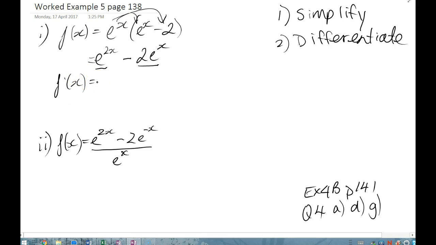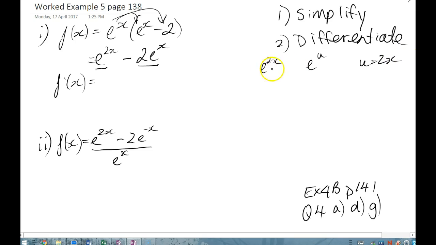So remembering what I've been doing previously, I have been differentiating this value up here by letting this equal u. Okay, so I might just pop that over here. So if I have e to the 2x, let's make that e to the u. So we're saying u equals 2x.